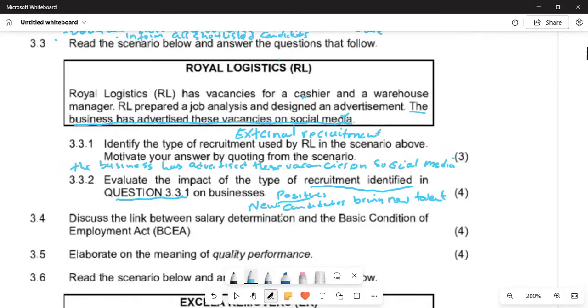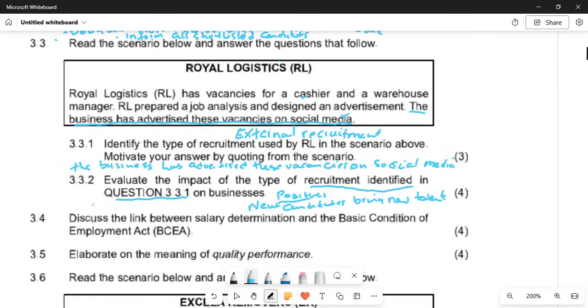Overall efficiency and increase in productivity may occur as the new worker actively adds value to the business. So because they're going to bring new talent, new ideas, our production is going to increase because they are going to add value to the business.